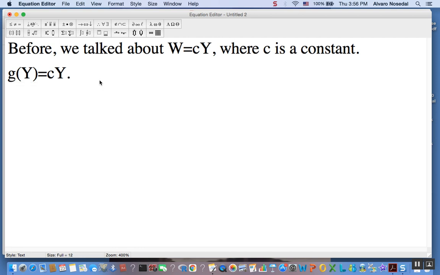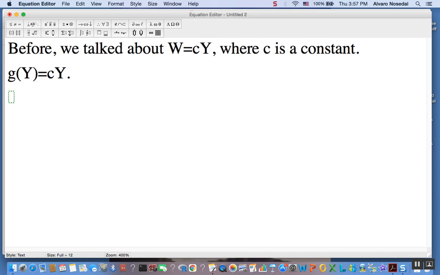Now what we want to do is find the expected value of g of y, but for any function g of y. Is that clear?